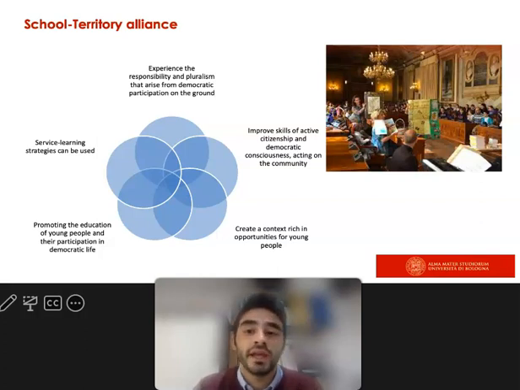Encouraging the creation of new educational communities through encounters with local realities and educational outings to museums, archives, or heritage elements thus becomes a key step in succeeding in promoting the education of young people and their participation in democratic life. In this context, service learning strategies can be used.